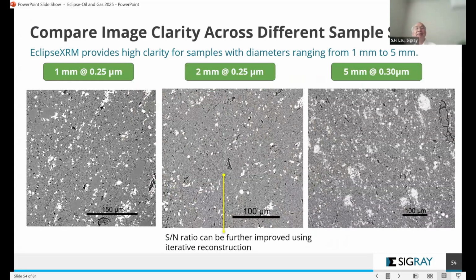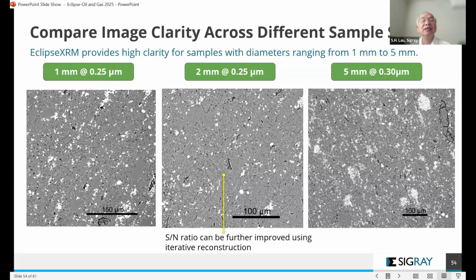So here's another example. A 1 millimeter core at 0.25, a 2 millimeter core at 0.25, and a 5 millimeter core at 0.3.